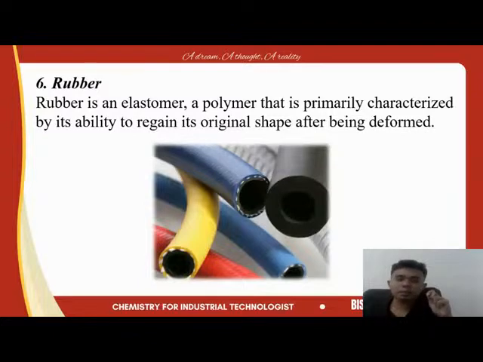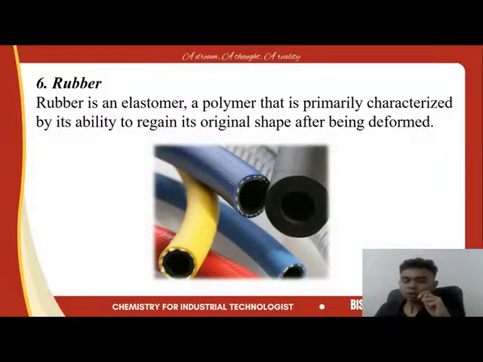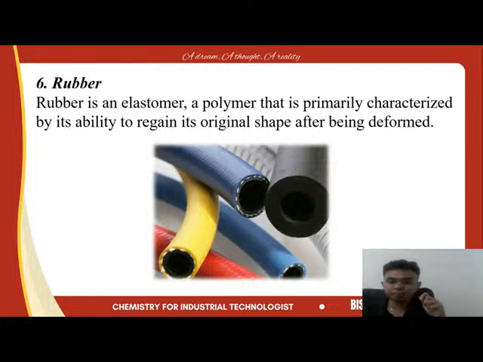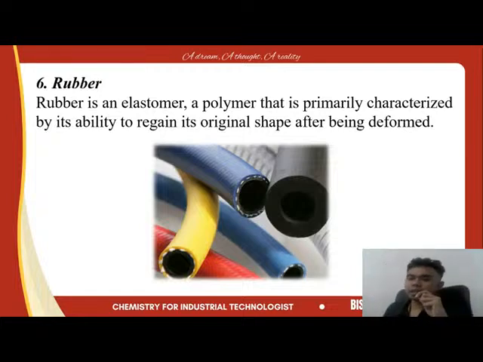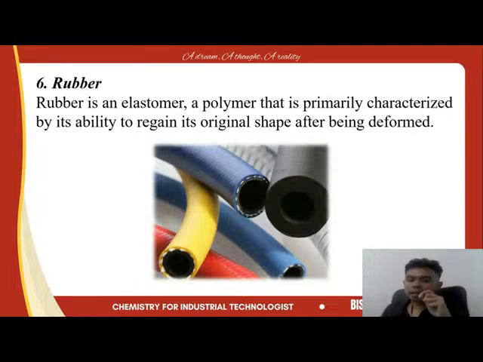So just remember that when we say natural rubber, it comes from something coming from nature, like the tree. On the other hand, when we say synthetic rubbers, they are made in chemical plants. So they are being processed. They are laboratory made na mga rubbers.